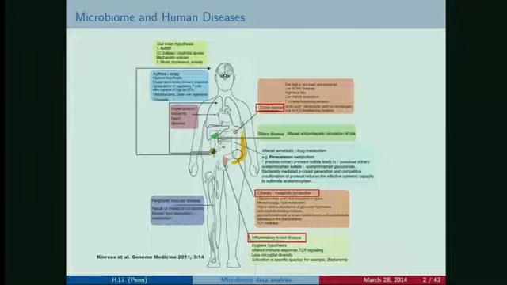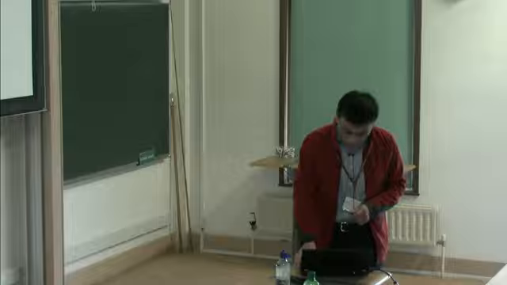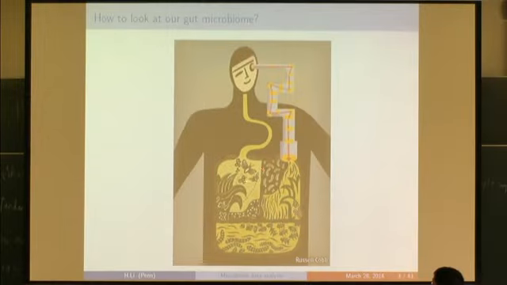And we all know that in the last couple of years there are so many important publications in Nature and Science indicating the association between human microbiome and diseases. Almost all the diseases, you can find a paper showing some type of association. Some are convincing, some are not that convincing. Now we have a tool to look at the human gut microbiome through next generation sequencing. So we got all those data.